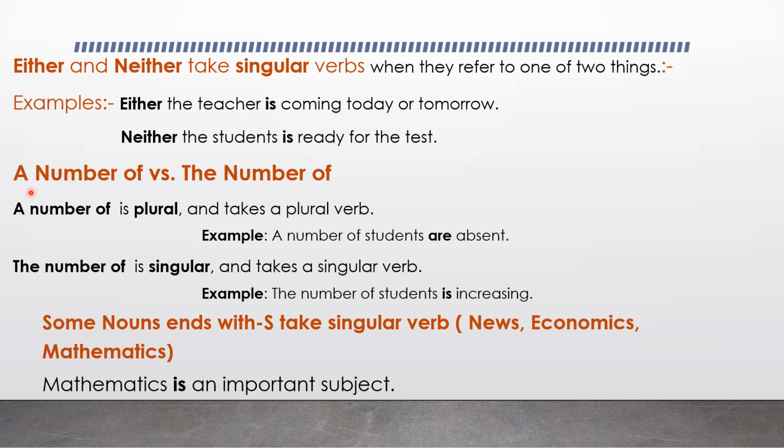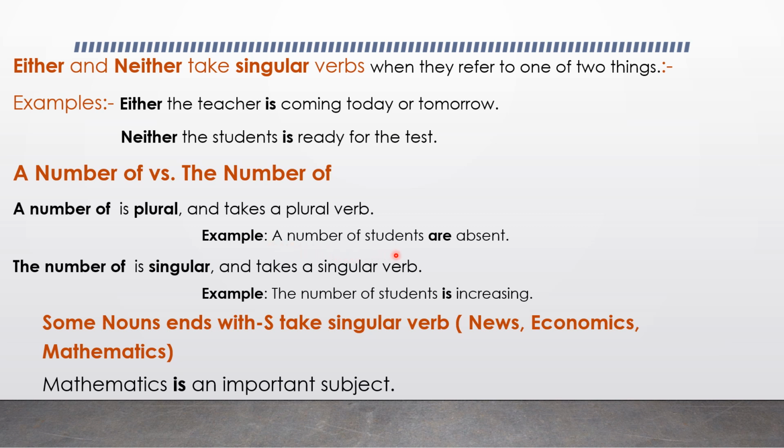If the subject is a number of or the number of, so a number of is plural and takes a plural verb, and the number of is singular and it takes a singular verb. For example, a number of students are absent, because I told you a number of is plural, although a is there.